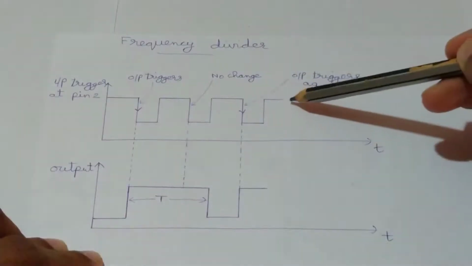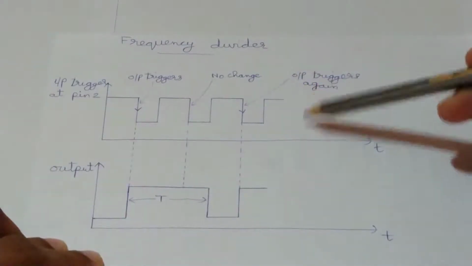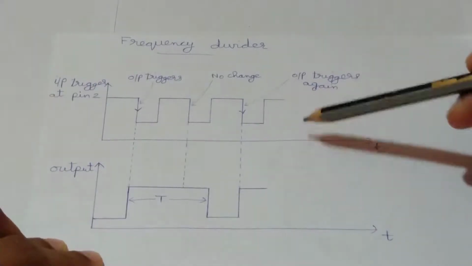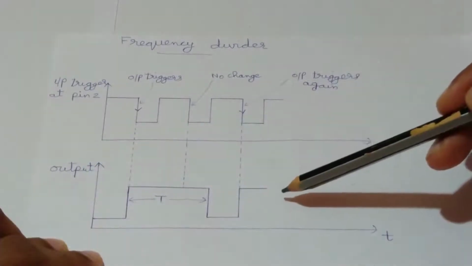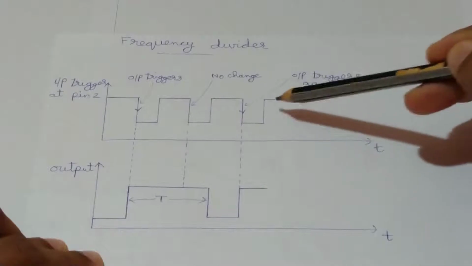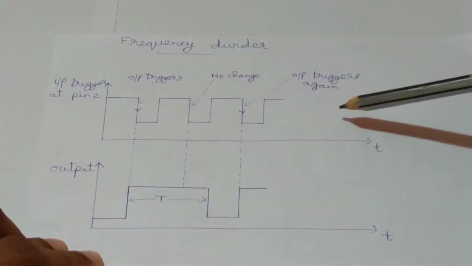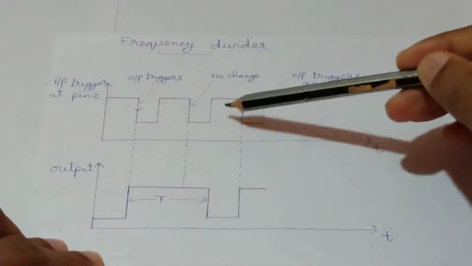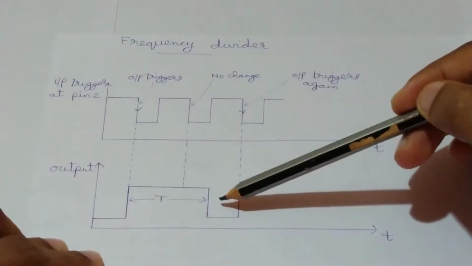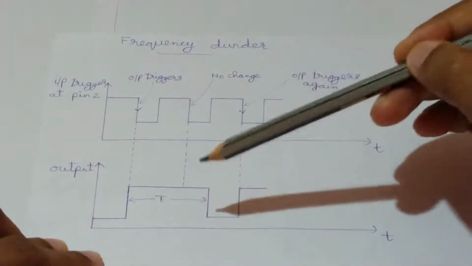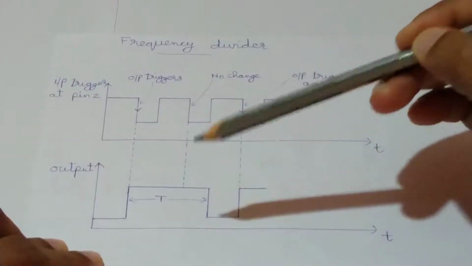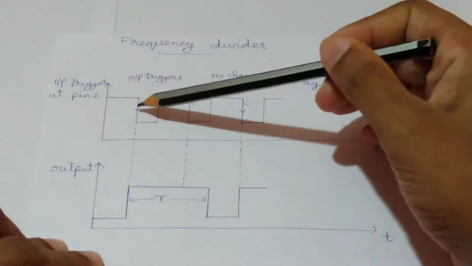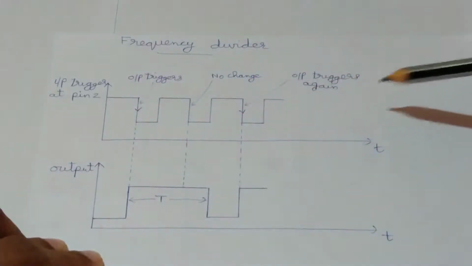Okay, and when the fourth clock pulse comes, that will be within that T duration and no change will occur, and this monostable multivibrator output will trigger again when the fifth clock pulse comes. Okay, and that will continue. So when we consider these waveforms, here we can see the output of the monostable multivibrator triggers for the negative edges that come at first, third, fifth, like that.